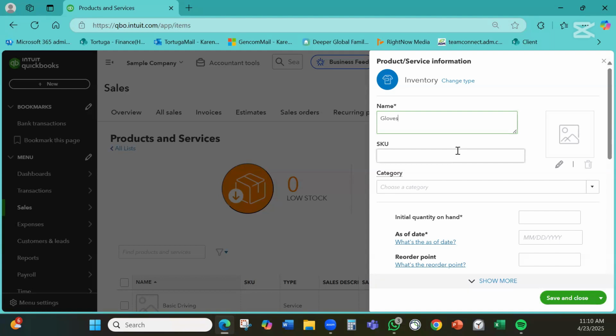So you set up gloves, and the SKU is really if it's going to be each or per pair or whatever it is.